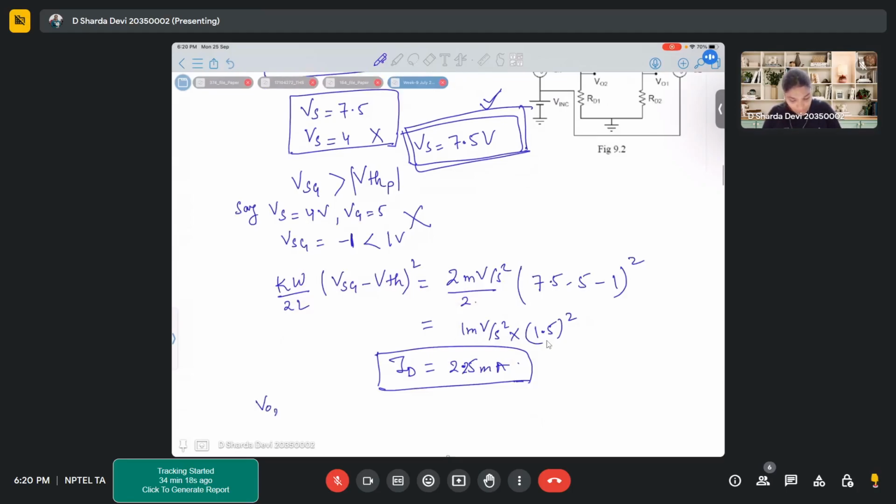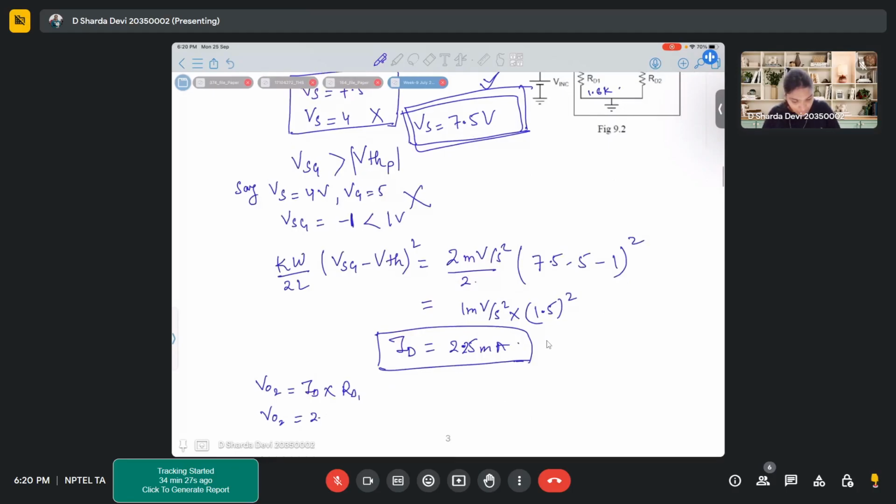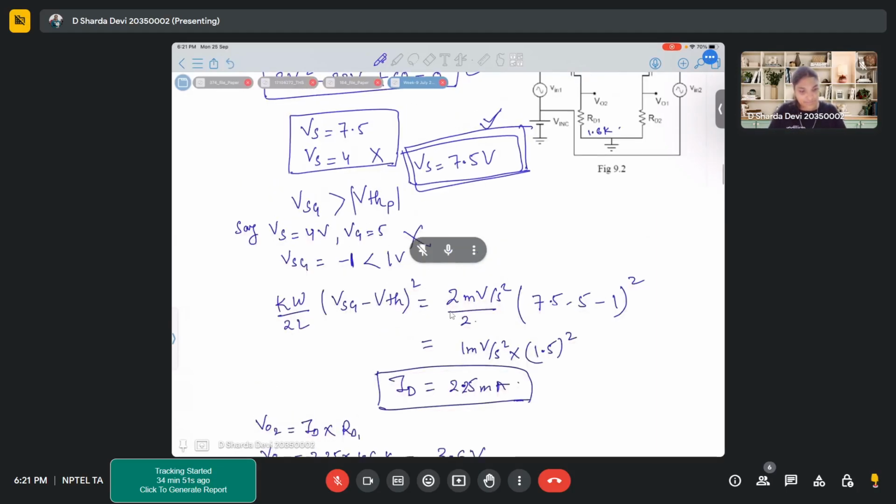We know V naught 2 is ID into RD1, which is 1.6K. So V naught 2 is 2.25 milliamperes into 1.6K. So this will be 3.6 volts.